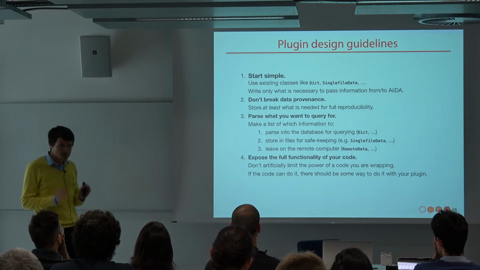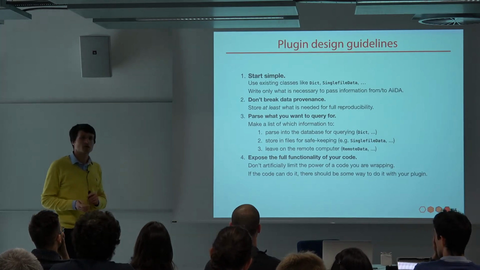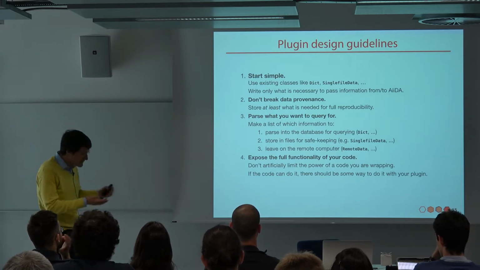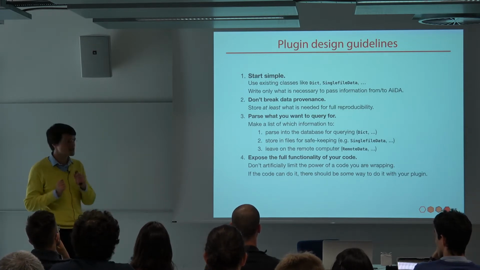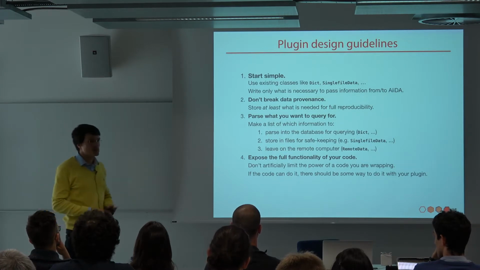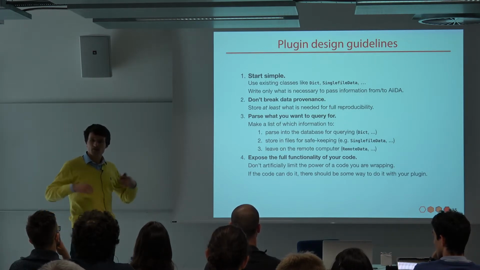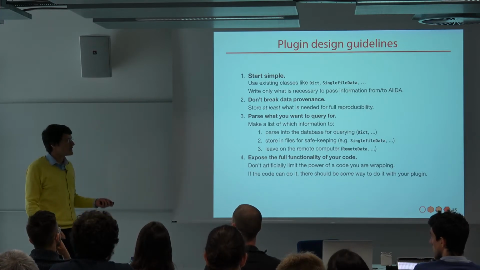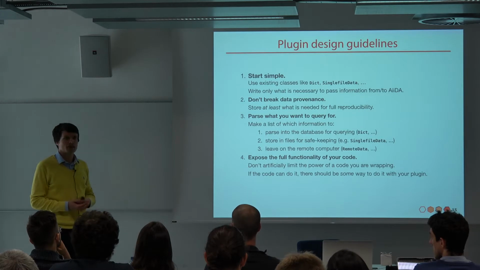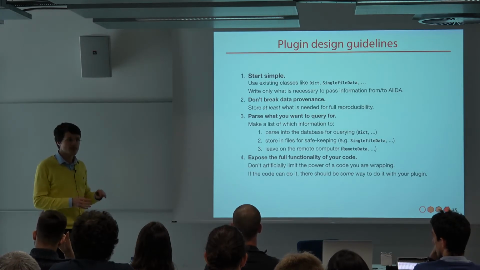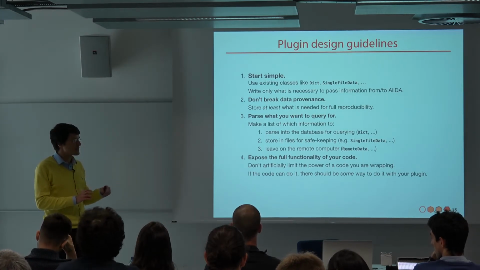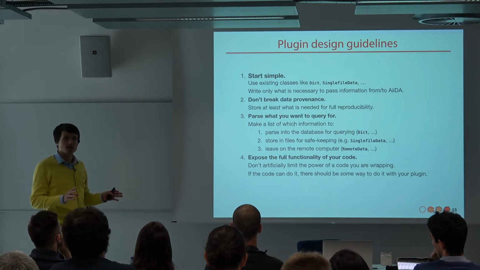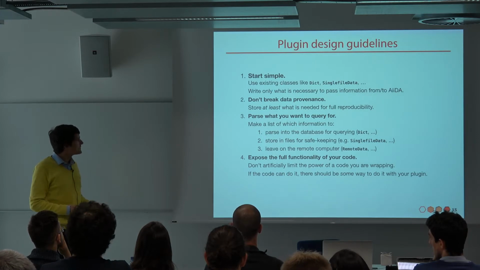This is important, so don't try to artificially limit what the code can do, or users will get frustrated. They know the code can do this, but the AiiDA plugin cannot. The idea of an AiiDA plugin is to provide interfaces to all possible ways of using the code. Not all of them have to be done in the same way, and you can give users extra ways of doing things if you don't have time to parse everything in the best way, but don't limit what the user can do.